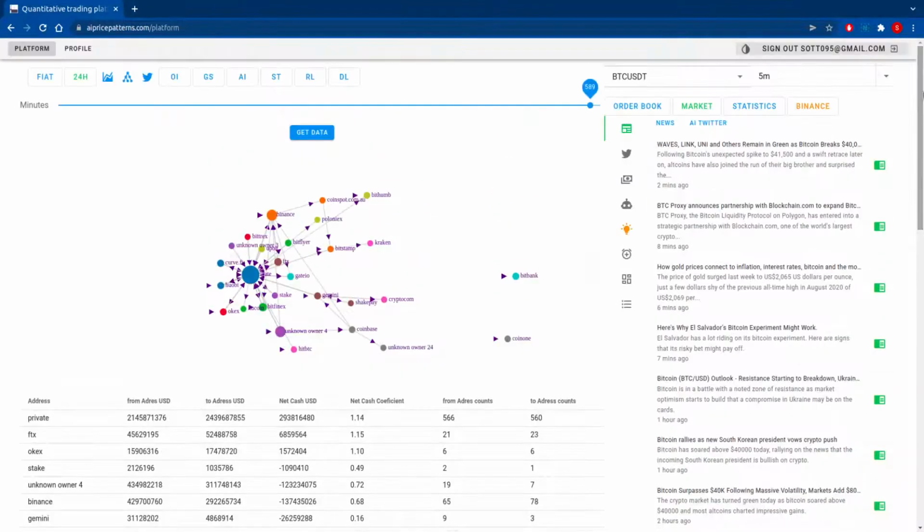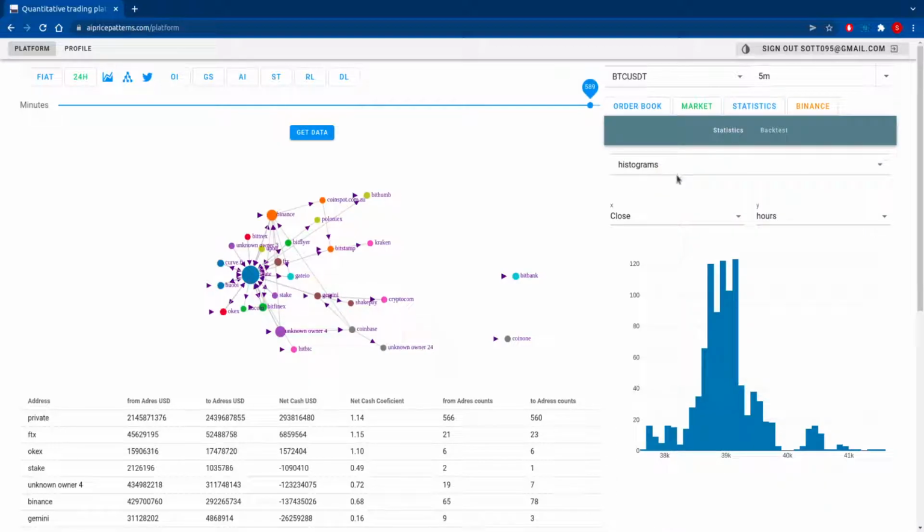Let's analyze this distribution. I'm looking at the statistics to see some histograms. So it means we have this histogram, and in this range we have a distribution on the price level.